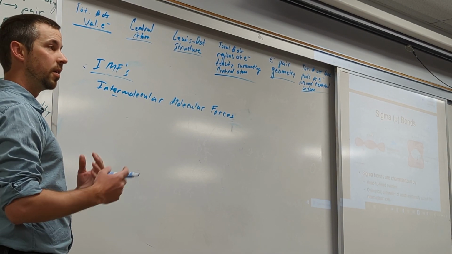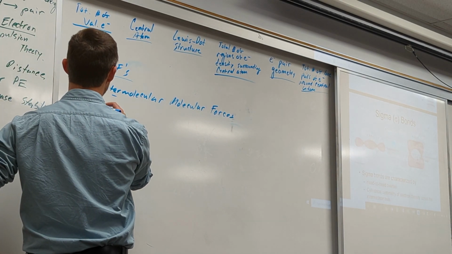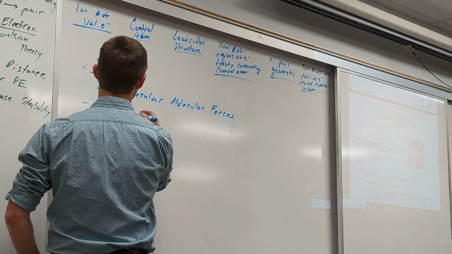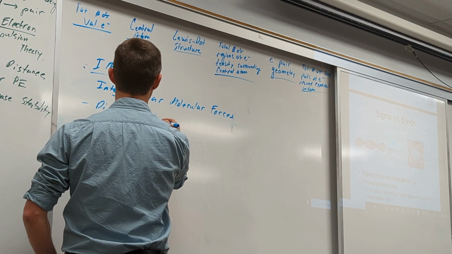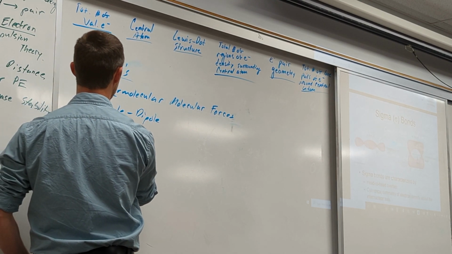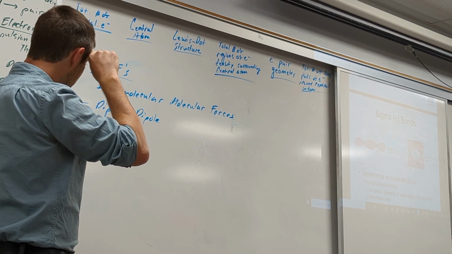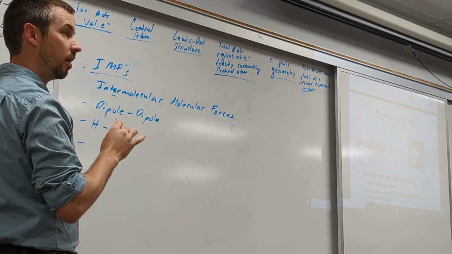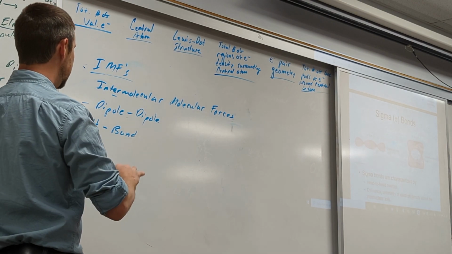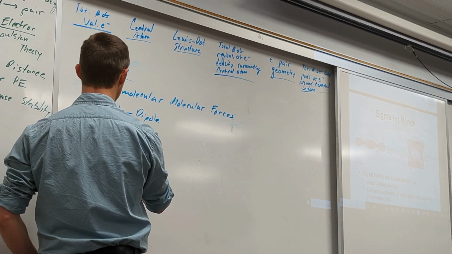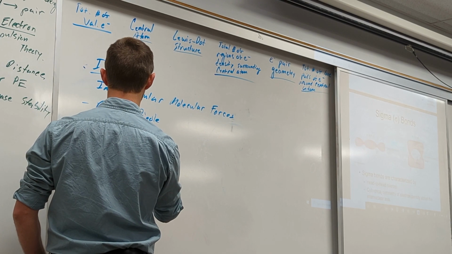It doesn't matter, but there are a handful of those that we can generate. Kind of the first one, I'll list them out here, and then I'll give an example of each one. There's dipole-dipole. There's something called hydrogen bonding. You guys, you've seen this before. I almost can guarantee it. Depending on which teacher, which class, you might have called them London dispersion.